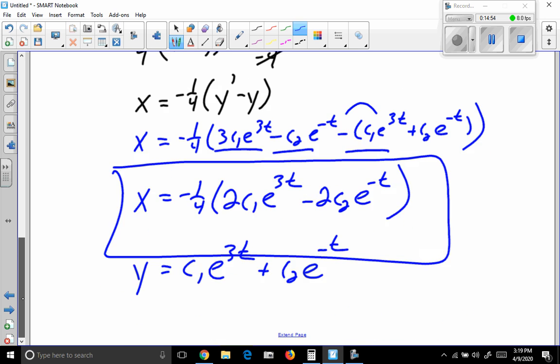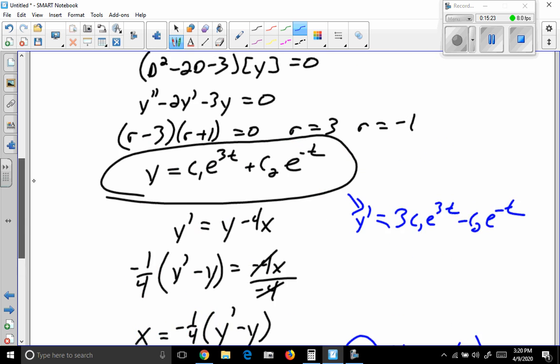Notice the coefficient of e to the 3t for x is negative 1/2 of c1. For the other term, it's positive half of c2. So these coefficients are not exactly the same values.